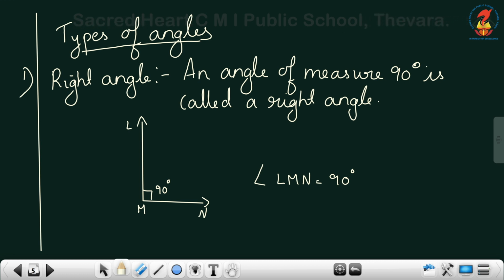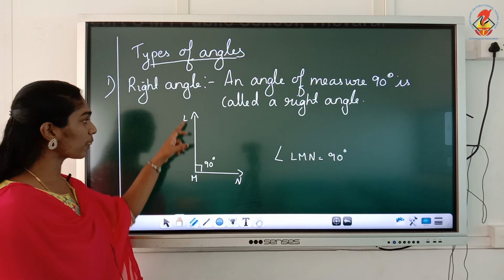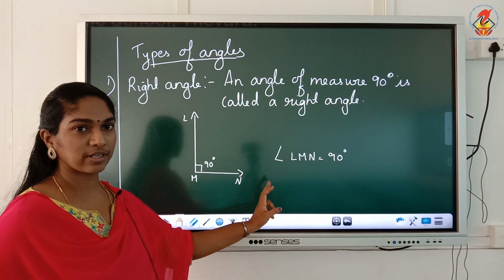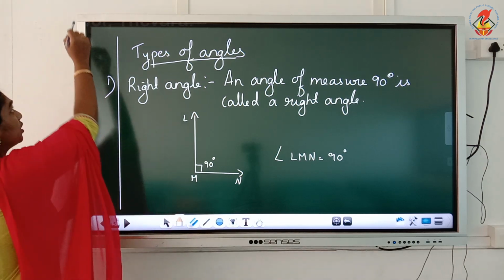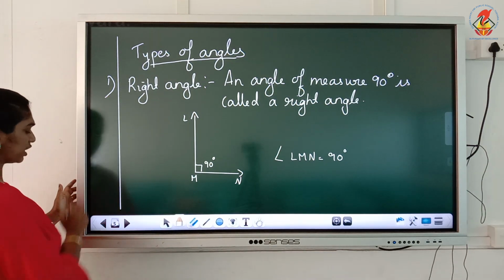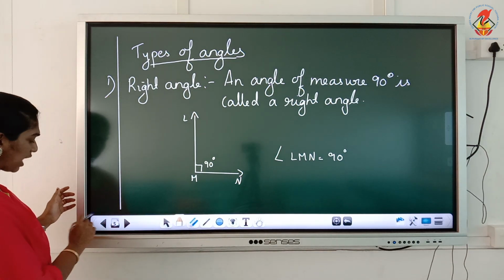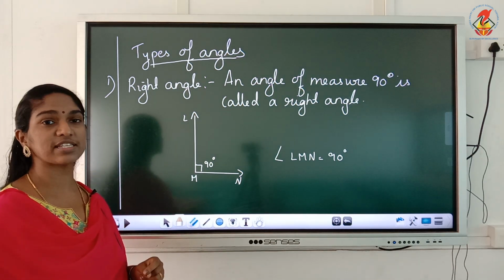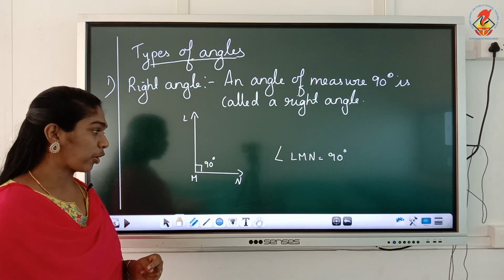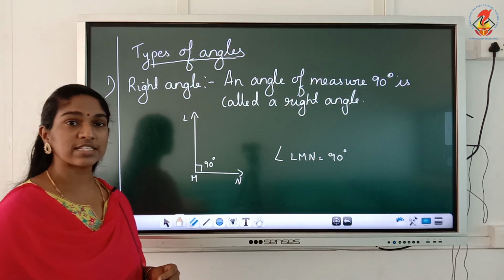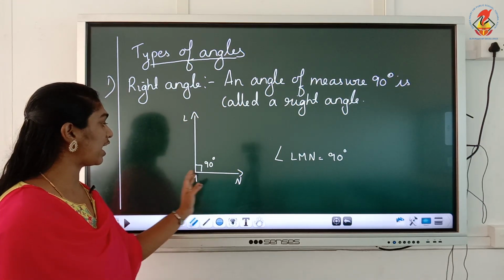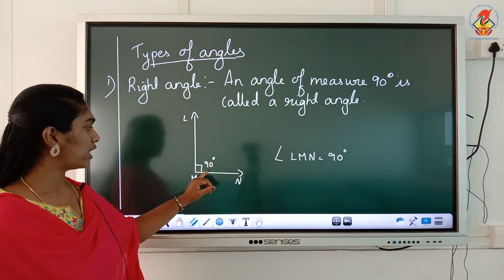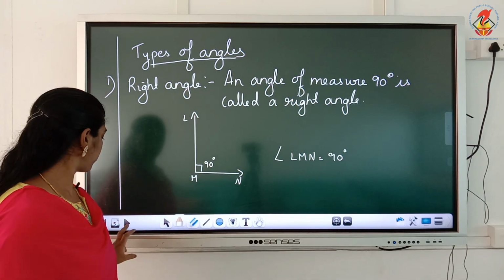You can see a straight vertical line and a horizontal line. The angle formed over here is a 90 degree angle. That type of angle is called a right angle.